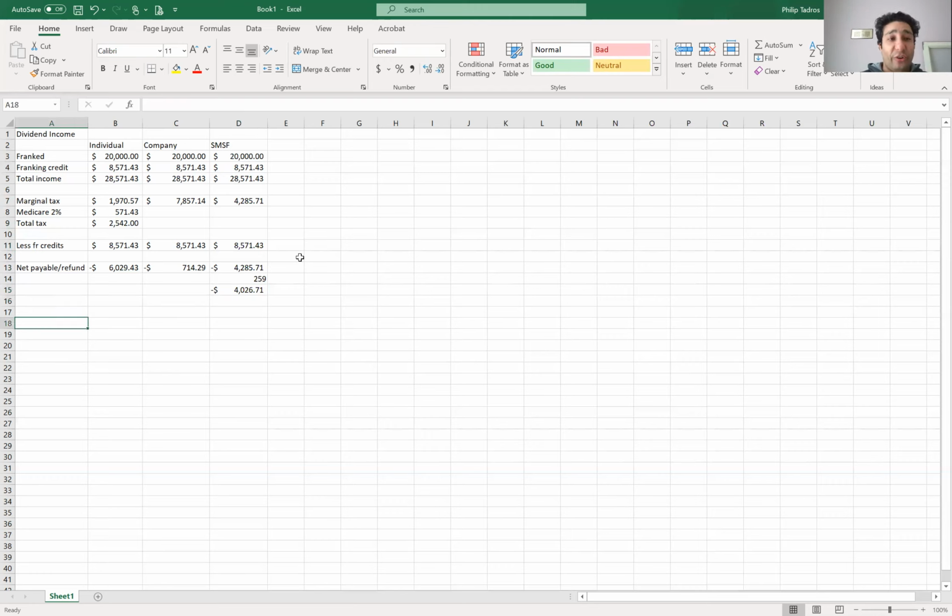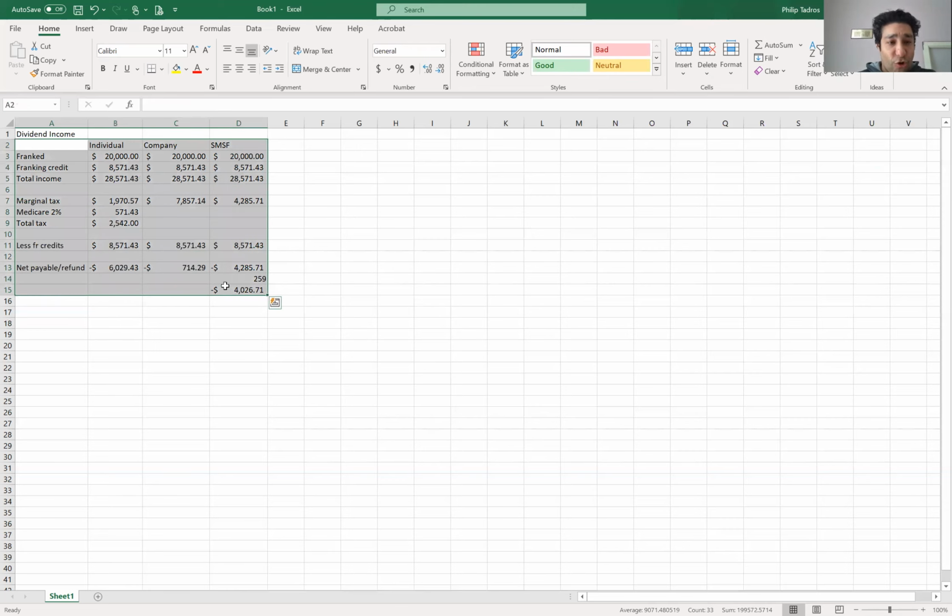Now, this is just a very simple calculation of the different tax rates and the different tax amounts of a dividend with a franking credit that's in the hands of each different recipient. So an individual, a company, and an SMSF.